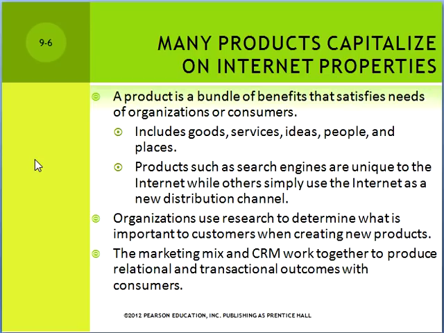On the other hand, products like the search engine, this is the product of the internet. If there was no internet, there would be no search engine. So this is very unique. Same way we can talk about eBay or the online auctions. These products are also based on the online characteristics.